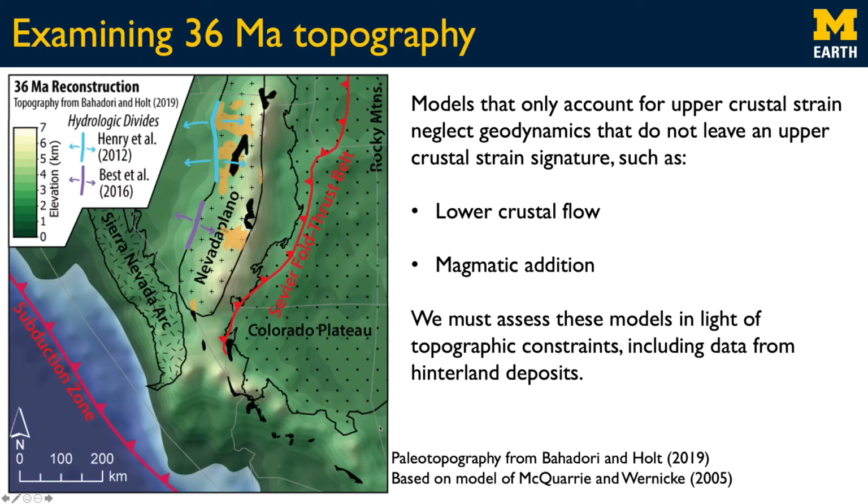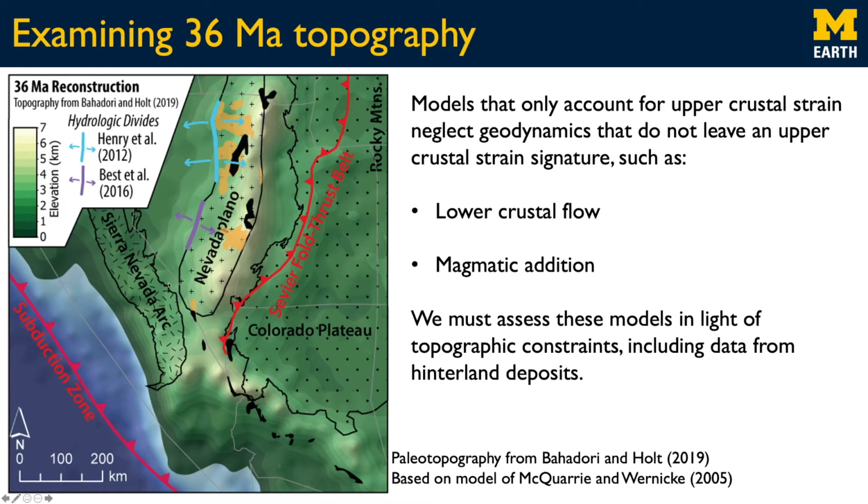As a final note, here I've overlain a number of relevant geologic pieces of information onto the topography, the 36 MA reconstructed topography of Bahadori and Holt 2019, who had that beautiful animation I showed in my introduction.